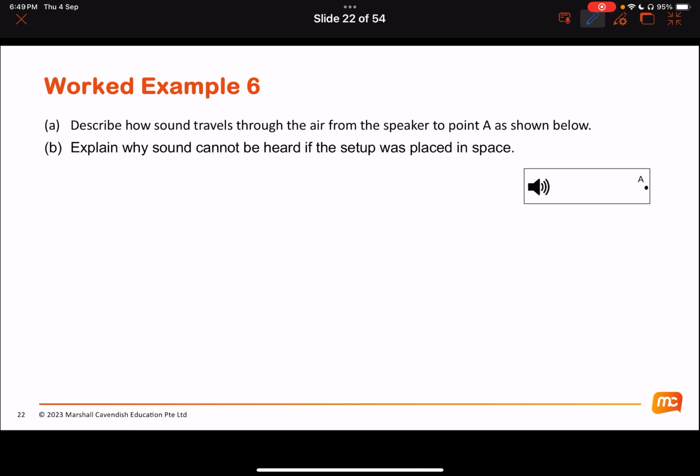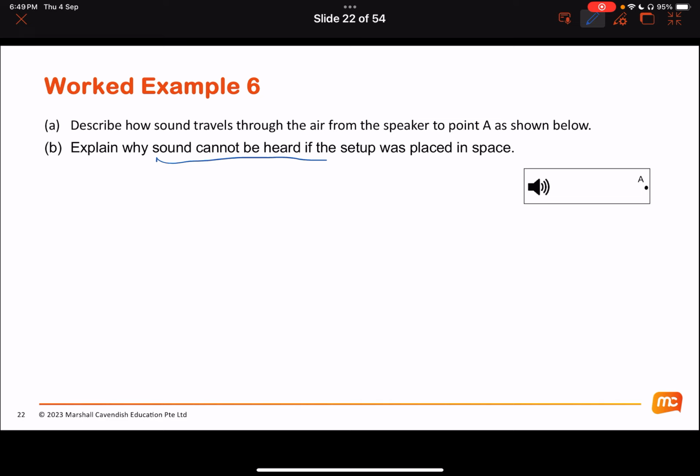Next one, explain how sound wave travels through the air from the speaker to point A, and then explain why sound cannot be heard. I think it's quite simple. You can just refer to the front part, where I gave you a template on how you can answer sound questions. So I'm not going to go through this.